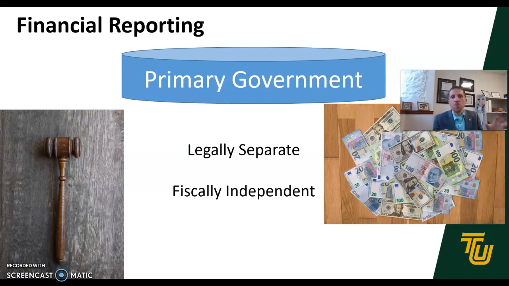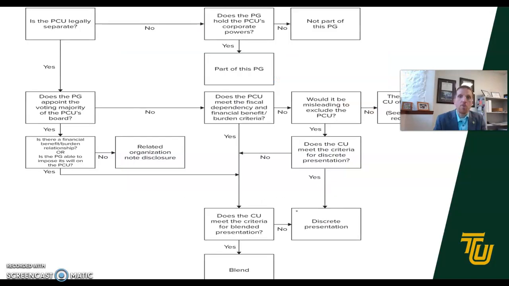So the same type of thing is also present here as we talk about financial reporting within different government agencies. This flow chart, I know it's in the chapter reading, but I just wanted to take a minute to dissect it a little bit. Really, the big piece here is the PCU.